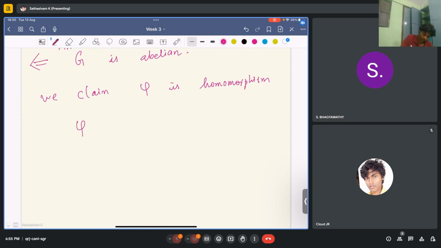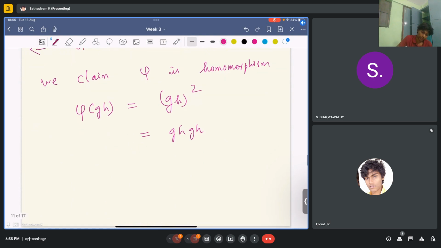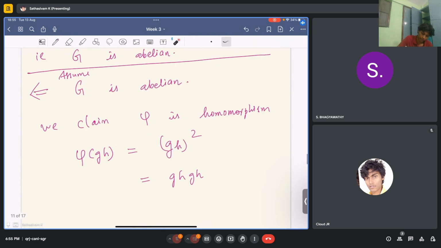So let's start with phi of gh. This is nothing but gh the whole square. So what is gh the whole square? This is ghgh. But you see, my group is an abelian group, right?